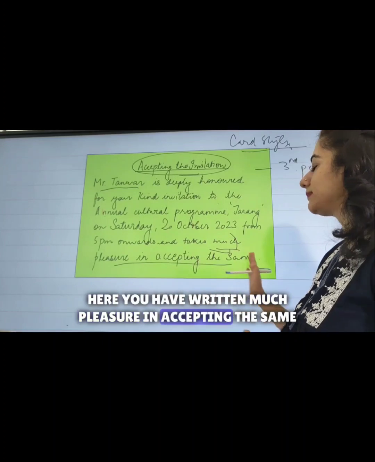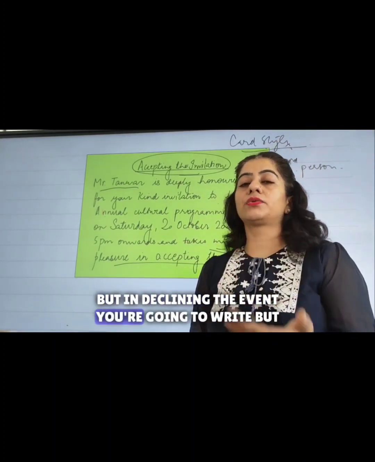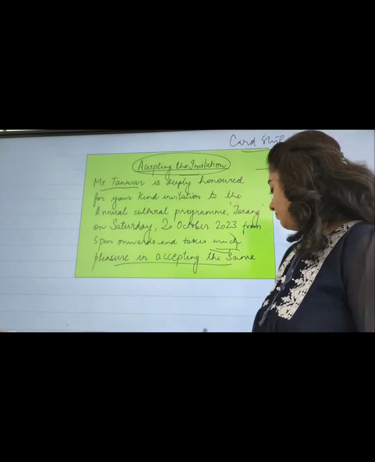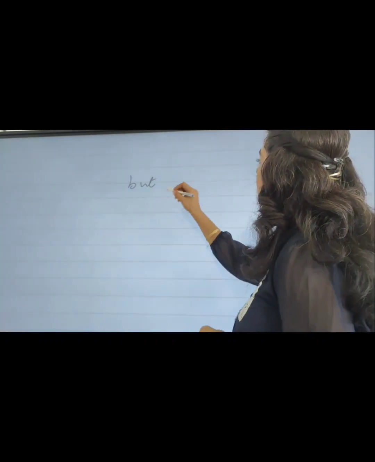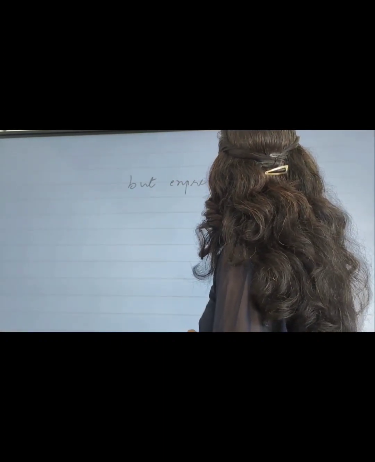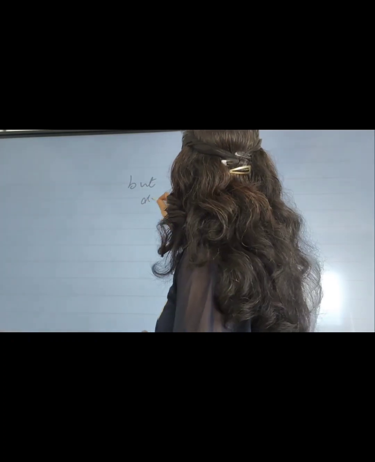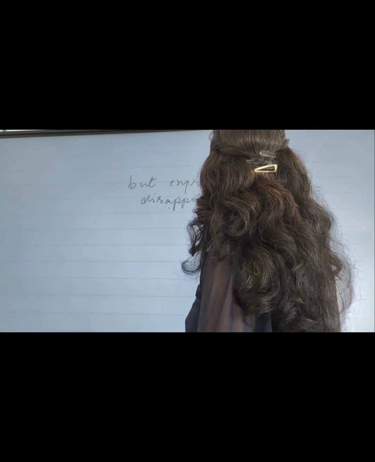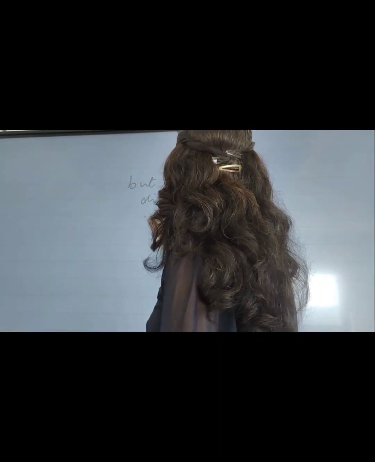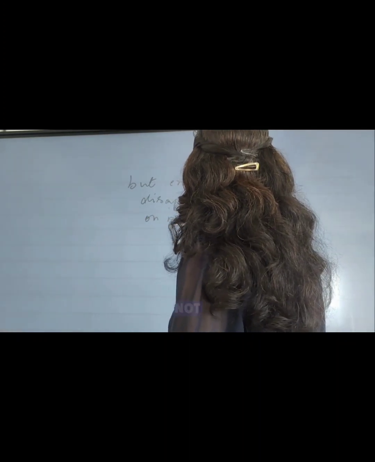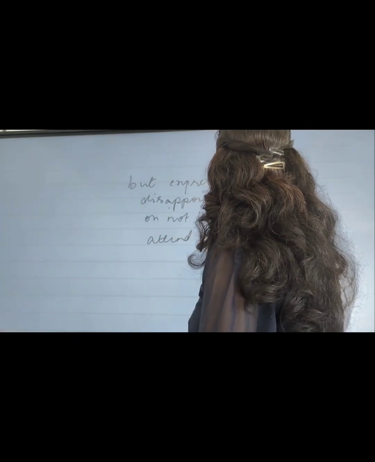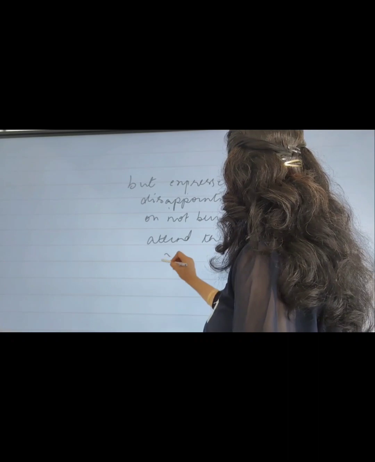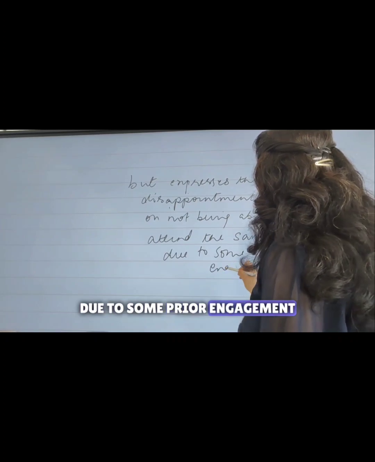Here you have written much pleasure in accepting the same, but in declining the event you're going to write but expresses their disappointment on not being able to attend the same due to some prior engagement.